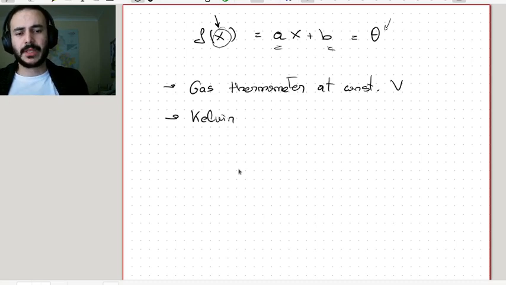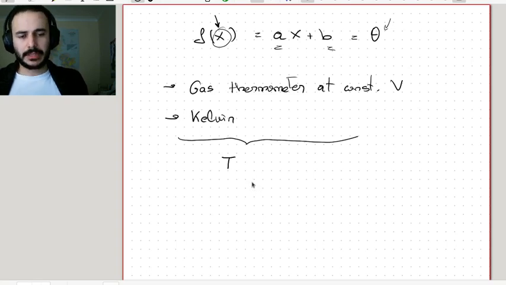If we do these two things, then we claim that what we are measuring is not empirical temperature anymore, but actually true thermodynamic temperature. So again, as a working definition, the true thermodynamic temperature is the empirical temperature measured with a gas thermometer at constant volume expressed in Kelvin.